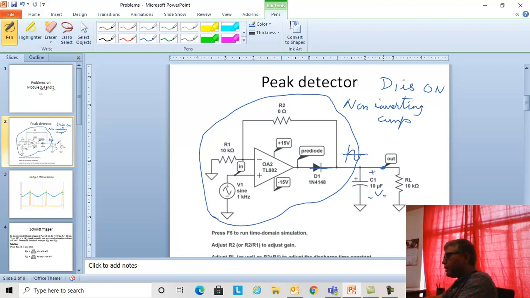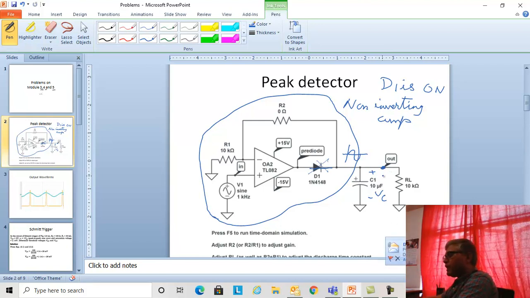Then the diode will be off, because the N side is more positive than the P side, so it gets disconnected. When it is disconnected, obviously the op-amp's output doesn't reach the output, so at the output you are just observing only the capacitor voltage.